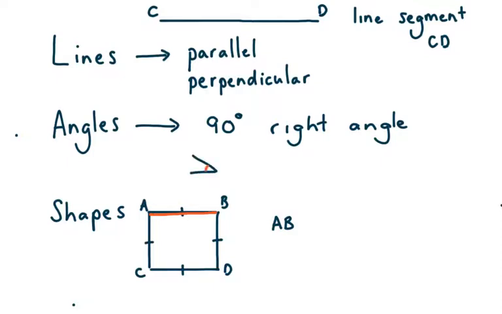Remember, they're less than 90. You get obtuse angles in shapes. Remember, they're between 90 and 180. It's not often we're going to talk about a reflex angle in shapes. So we need to remember the names of these three types of angles, but we're not going to talk about the reflex one too much today.